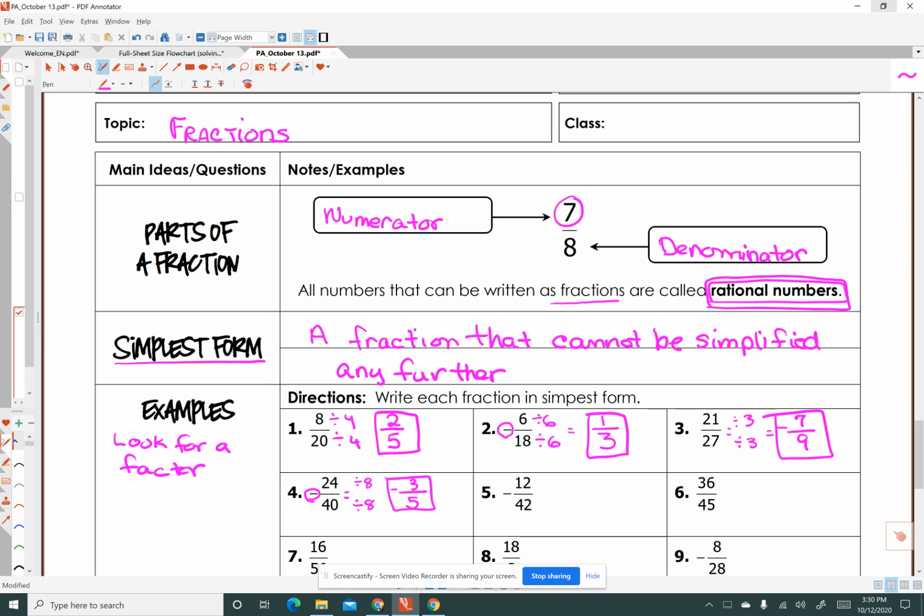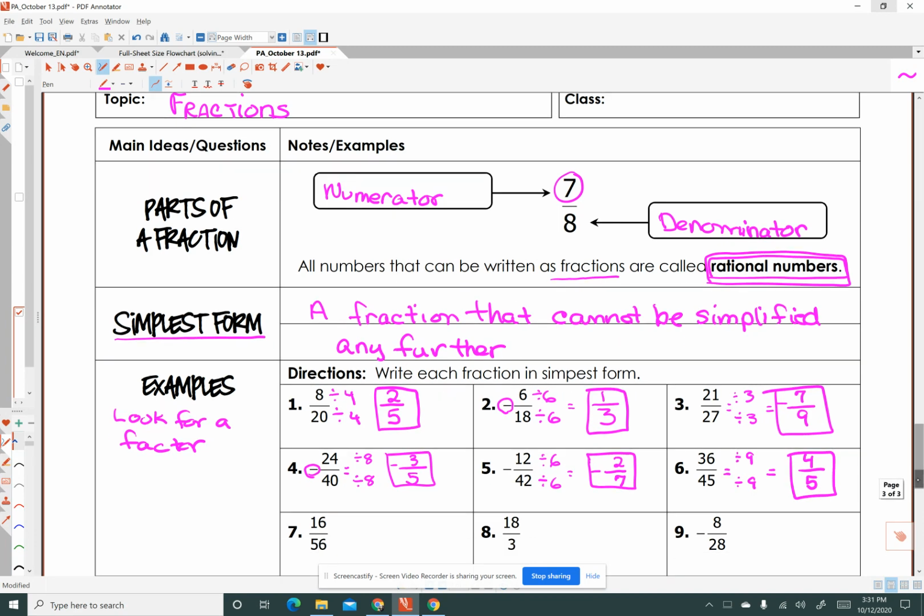Here we can divide the numerator and the denominator by 6, which will give us a negative 2/7, negative 2/7. In the next problem, we can divide the numerator and the denominator by 9, which will give us 4/5. That's a positive 4/5.